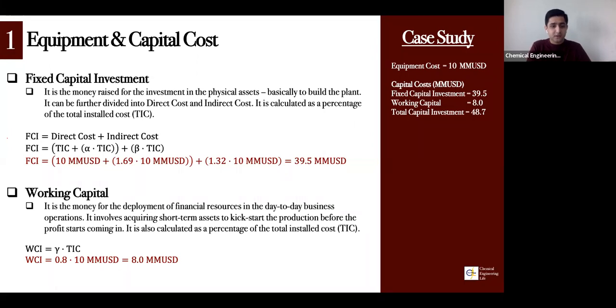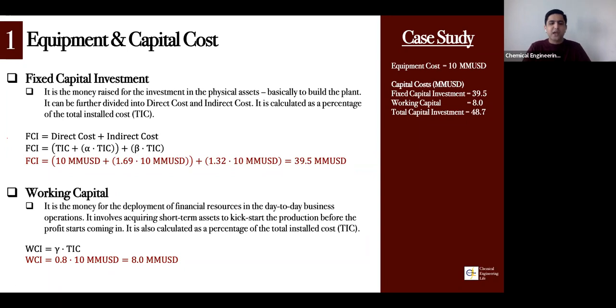That should give you your direct cost, and that should give you your indirect cost. For the purpose of this webinar, I selected 1.69 as a factor for my direct cost and 1.32 for my indirect cost. That means my direct cost is 1.69 times 10 million, and my indirect cost is 1.32 times 10 million.